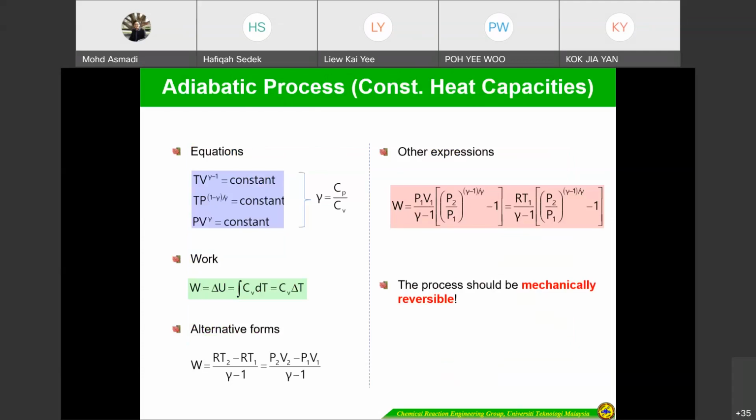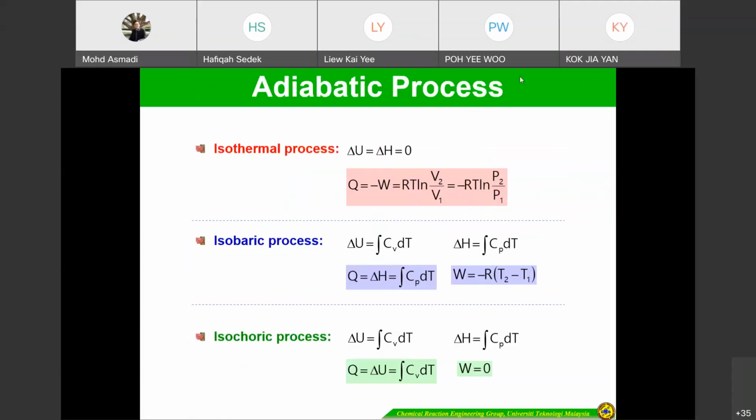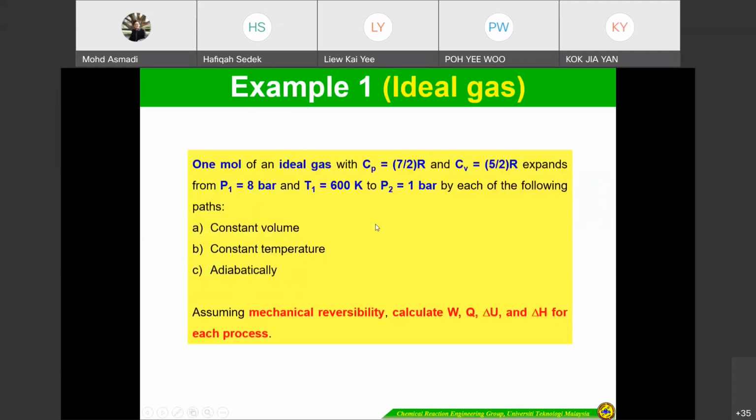If constant volume, W is equal to 0. Right? Okay. You have to calculate CV. Can you calculate? At constant volume, what is the value of Q as well as delta H?